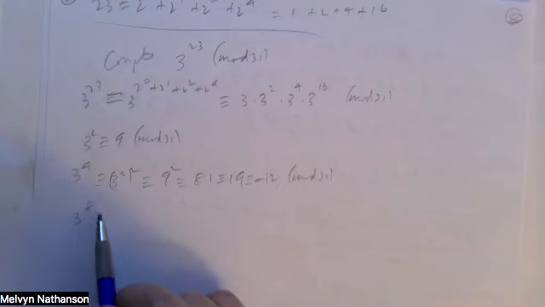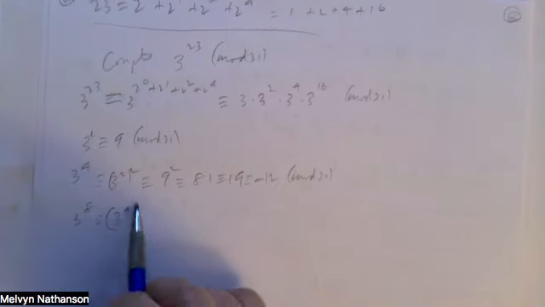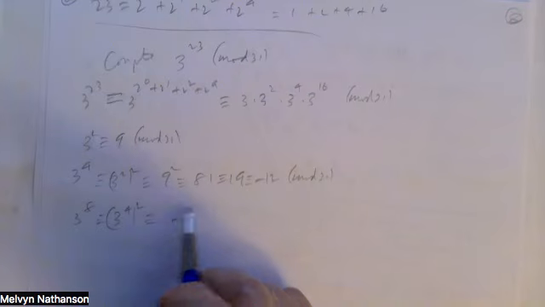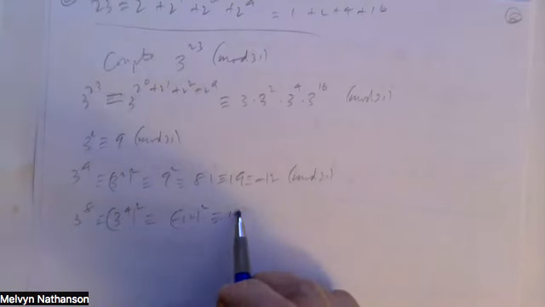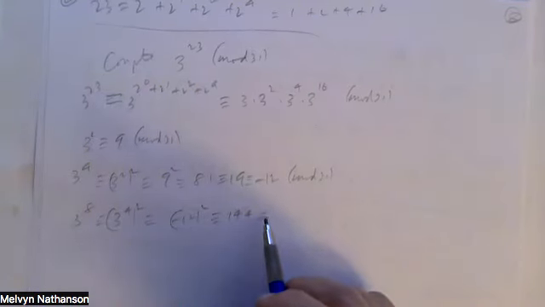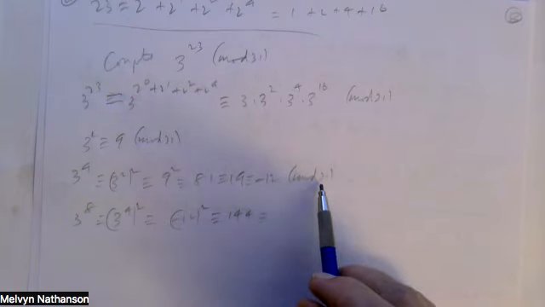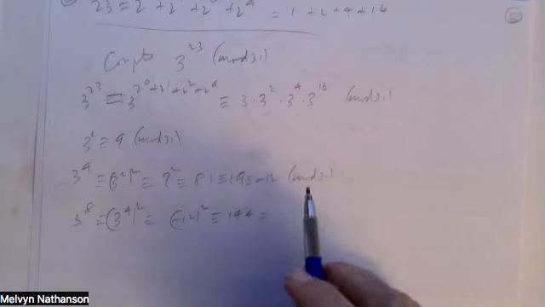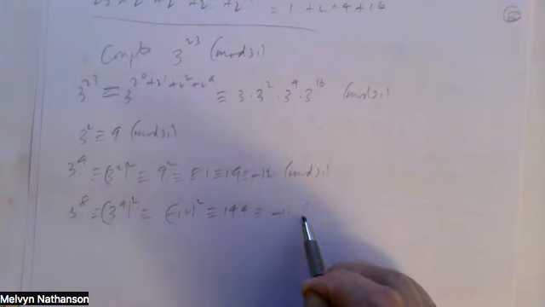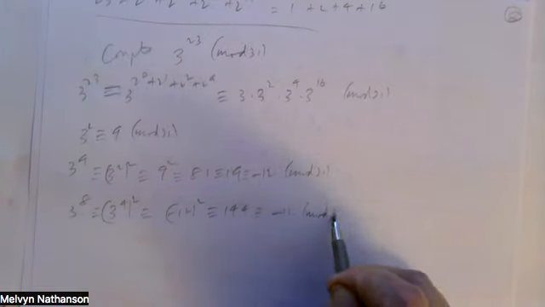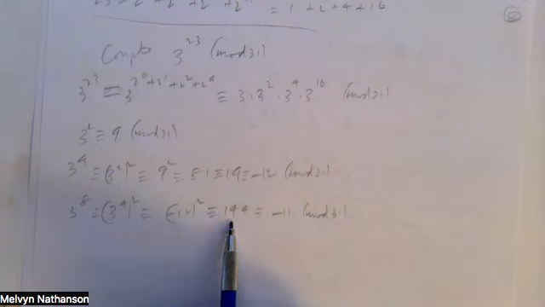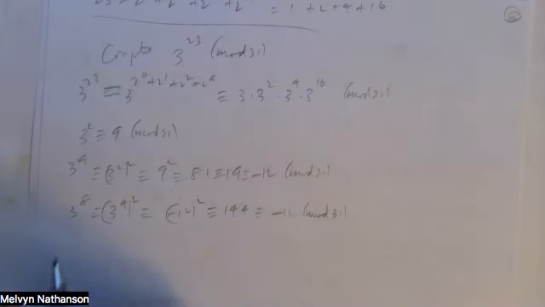3 to the 8th is 3 to the fourth squared, which is minus 12 squared, which is 144. What is that mod 31? 5 times 31 is 155. So this is minus 11 mod 31. 144 plus 11 is 155, and 155 is 5 times 31.